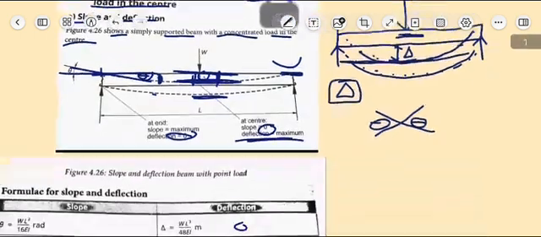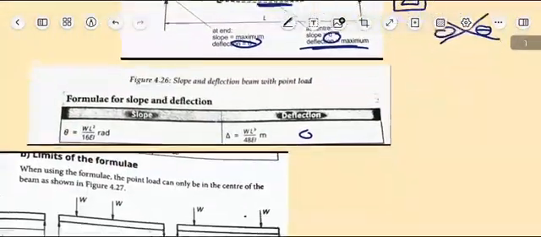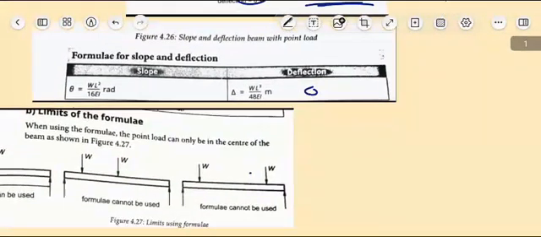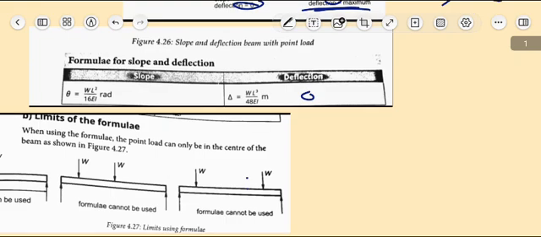All right. So how do we go about calculating the deflection? We have formulas to calculate the deflection and the slope.